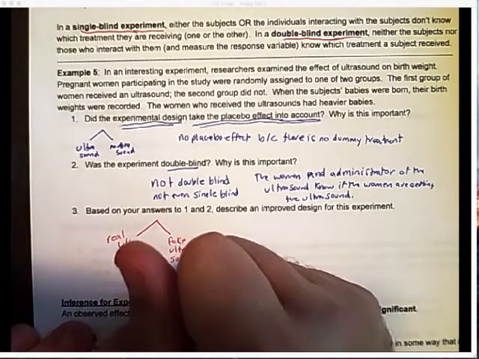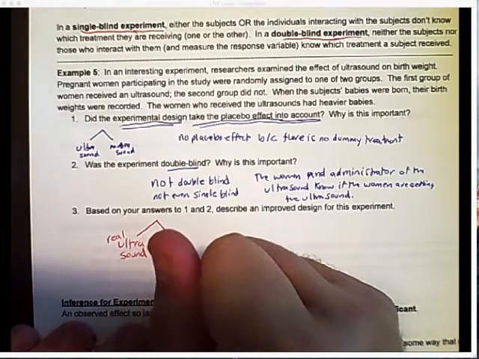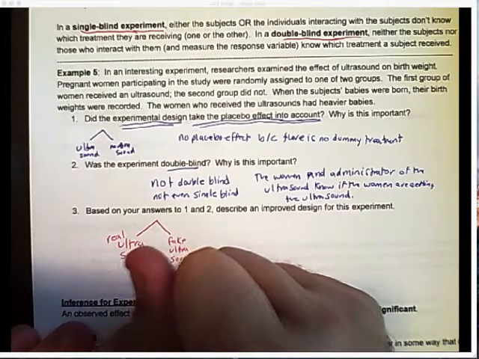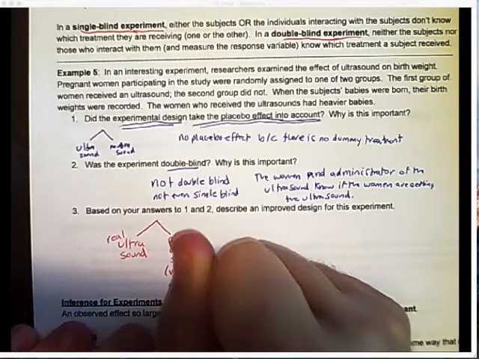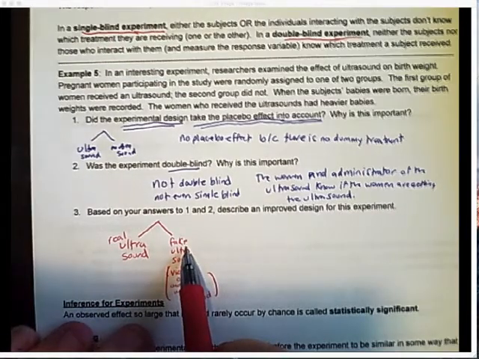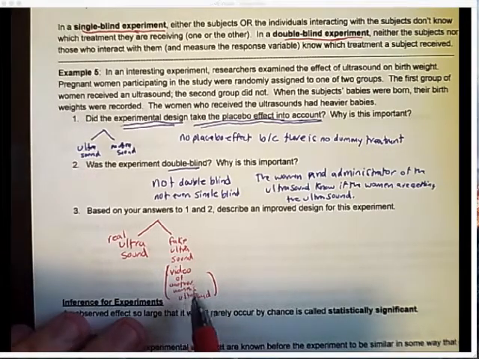But what you could do on the monitor, you could have a video of another ultrasound, of another woman's ultrasound. So the women here would not know that they're watching a different ultrasound, not their own. Okay, so like here, this fake ultrasound, the women would not know that it wasn't their real babies.